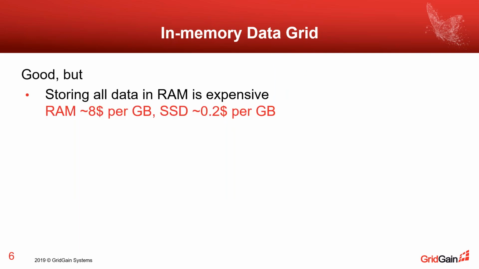It's reasonable because storing all data in RAM is really expensive. Server-level RAM is 40 times more expensive than server-level, production-level SSD disks. So if your data can be divided and only part of it requires high speed, maybe it's a point to use durability and store the cold data on disk.